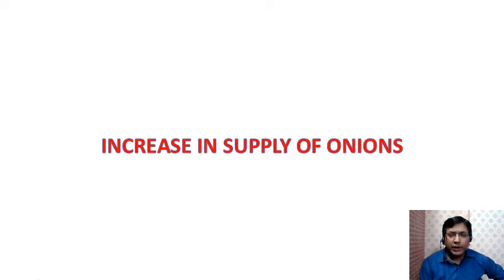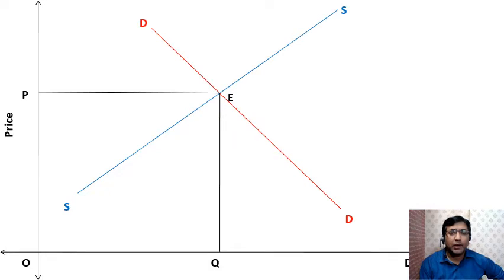Now let's think about increase in supply of onions. Here we are going to concentrate on the part of supply as a seller. Again, the same logic. OP is the equilibrium price and OQ is the equilibrium quantity. Now, let's assume that the farmers start producing onions on a very large scale.